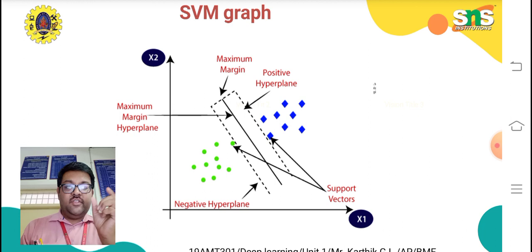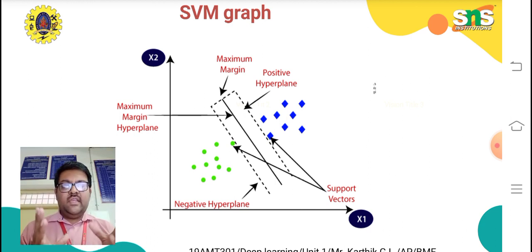The margin is the distance between the negative hyperplane and the positive hyperplane. In this graph, the green balls are one type of sample, and the blue hexagons are a different type of sample. They are separated by the hyperplane. They can be two classes.